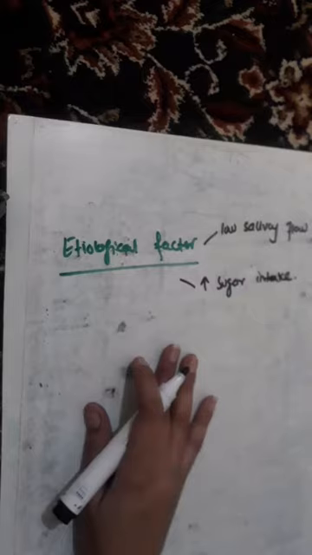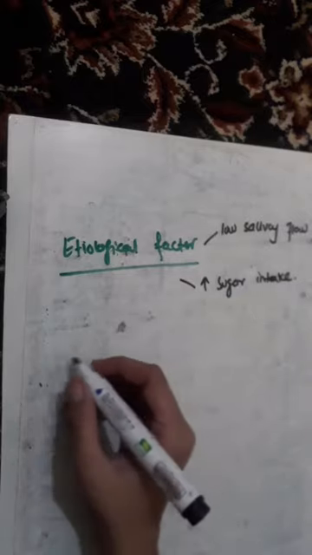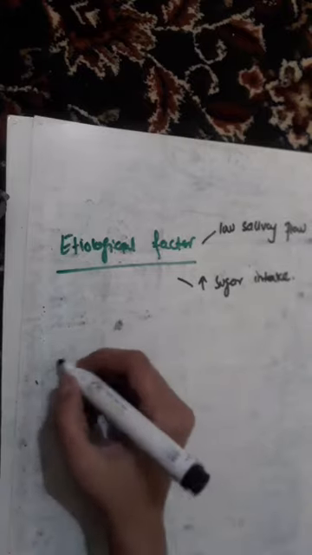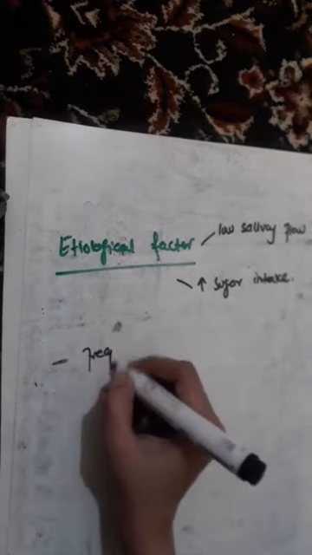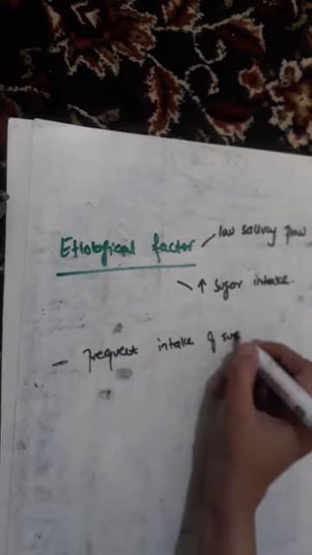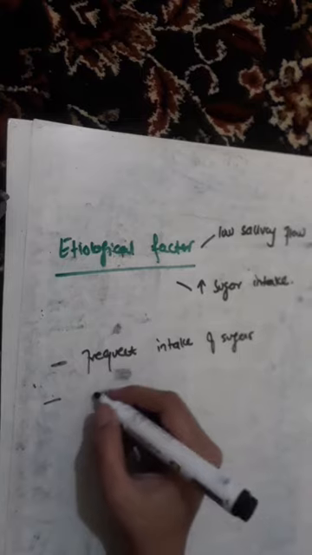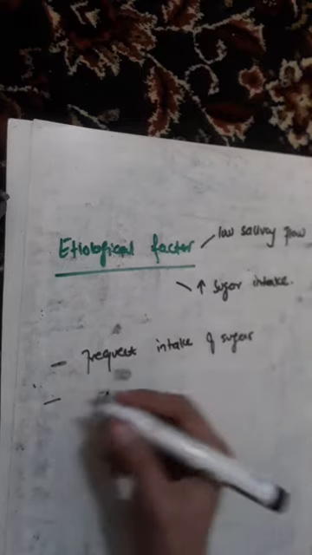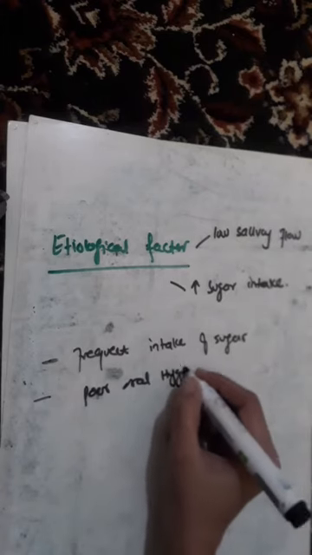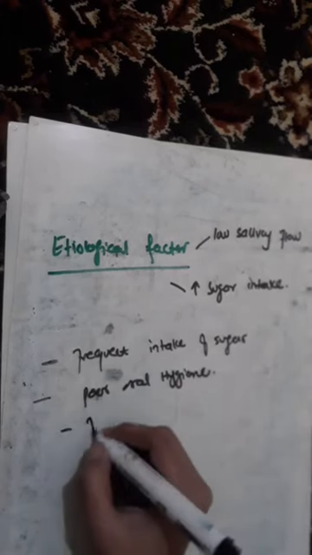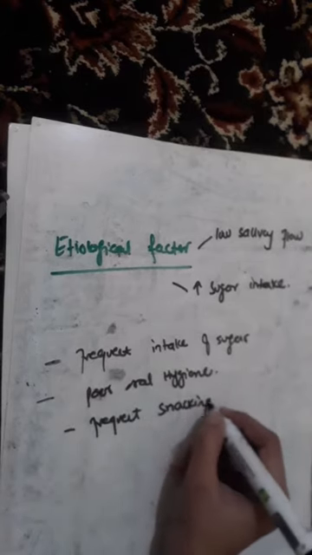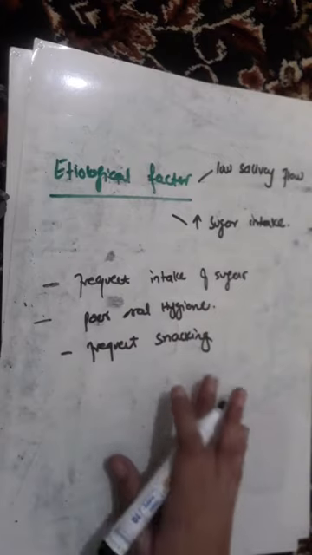And then to be specific, there is a frequent intake of refined carbohydrates and sugars, late night munching, poor oral hygiene, and frequent snacking that involves sticky foods like jellies, chocolates, and toffees.